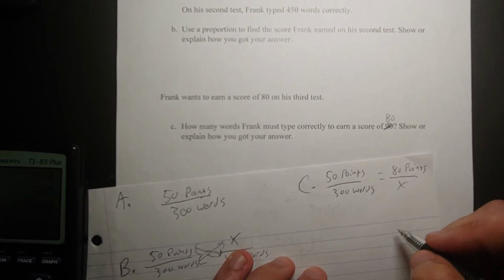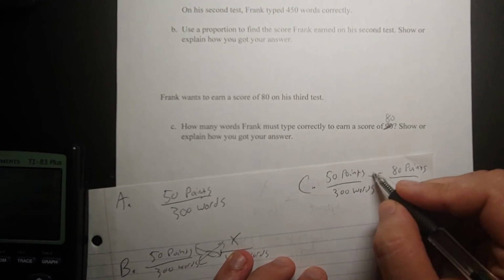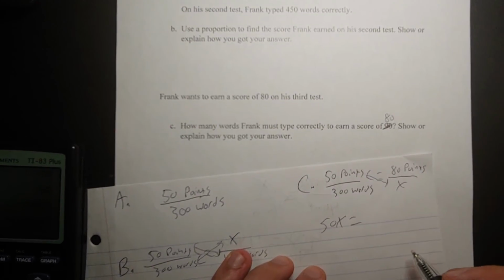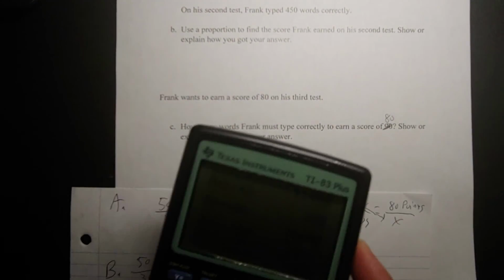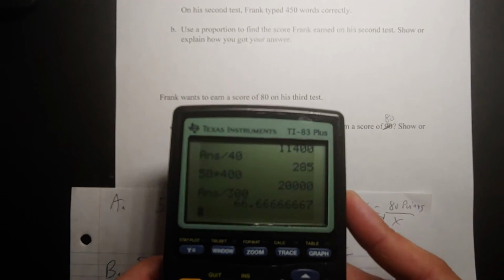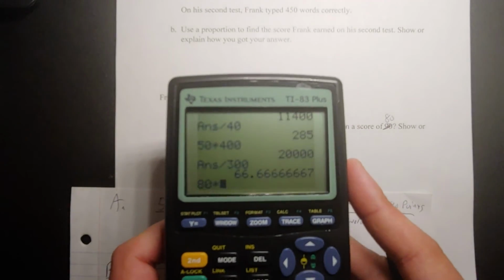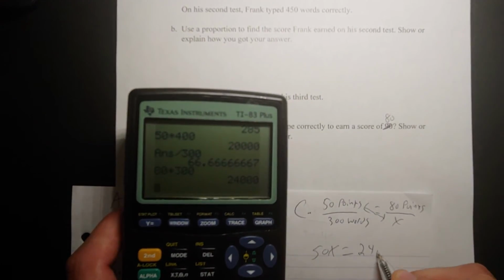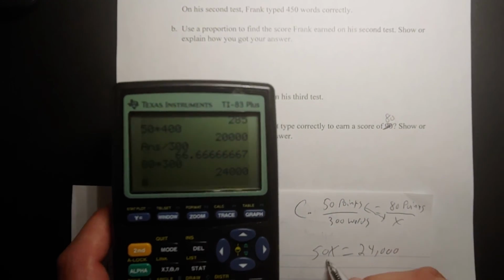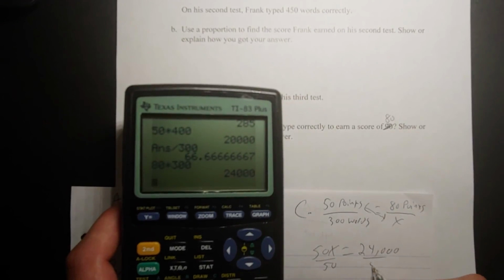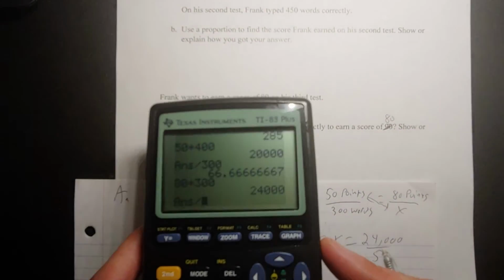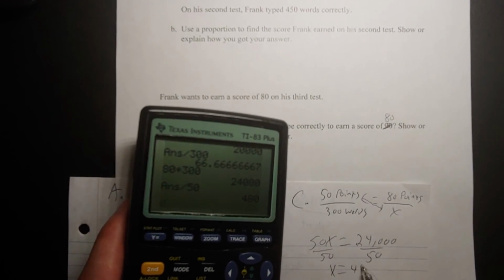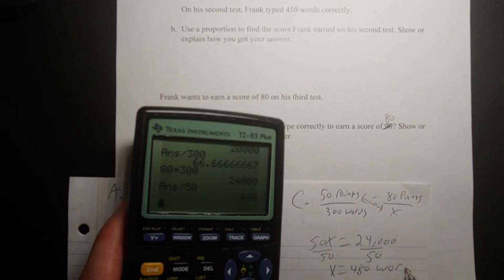And then x words on the bottom. Again, cross multiply. 50 times x is 50x equals 80 times 300. Let's see here, 80 times 300 is 24,000. And divide both sides by 50. And we should get 480 words.